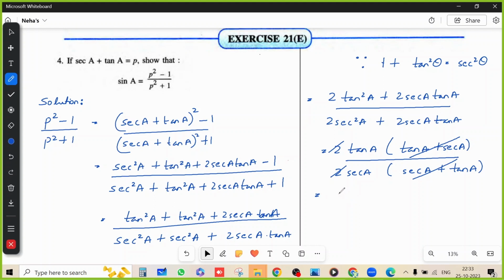Tan A can be written as sin A divided by cos A, and sec A can be written as 1 by cos A, that will become cos A in the numerator. So this cos A and cos A will get cancelled out and we are left with sin A, and this was equal to the left hand side, and hence we have proved that the left hand side is equal to the right hand side.